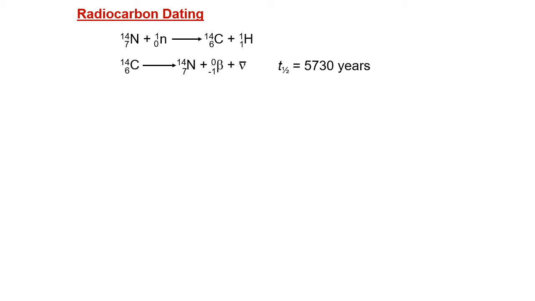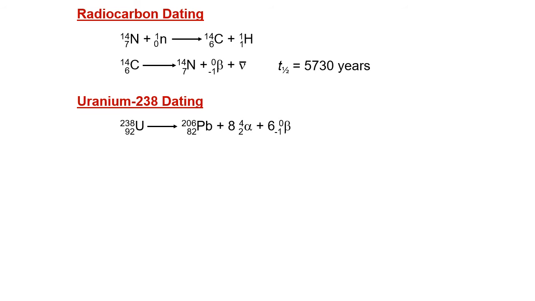For example, for burned wood, this is a very nice way to check. For a longer term, you can use uranium-238 dating. The reaction is a multi-step process resulting in lead-206.